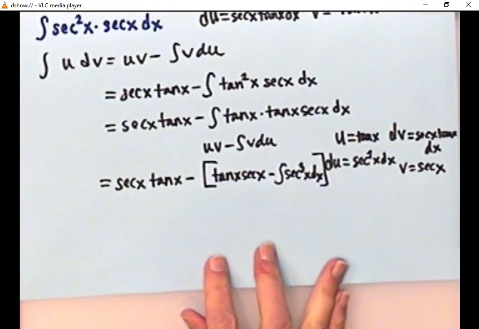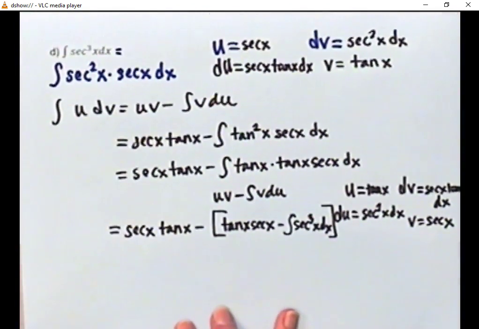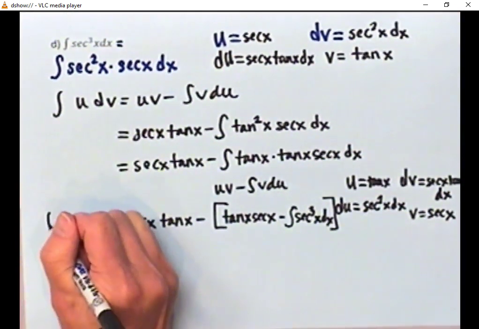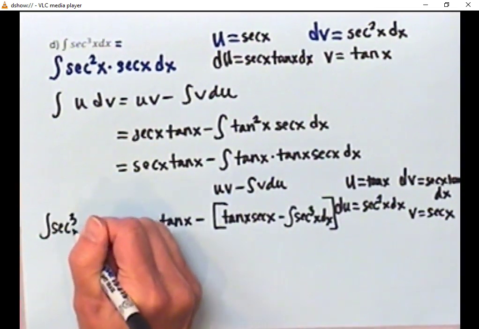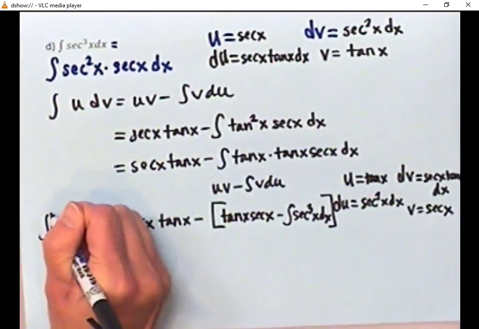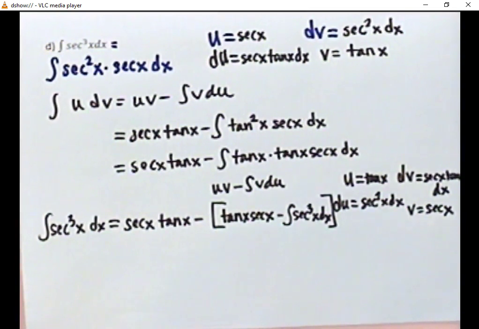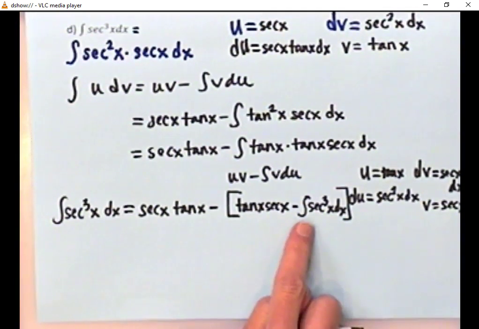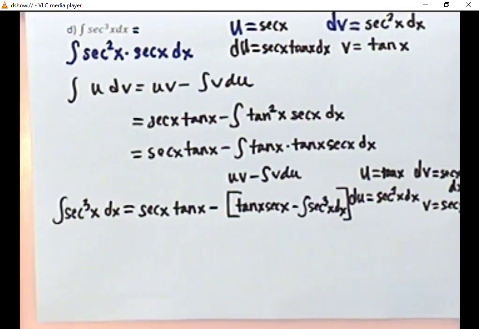Okay. Did we get back what we started with? Yes. But let's see what happens in this equation. So I'm going to put the first integral back in here, the integral of the secant cubed. What is technically the sign in front of the secant cubed over here?